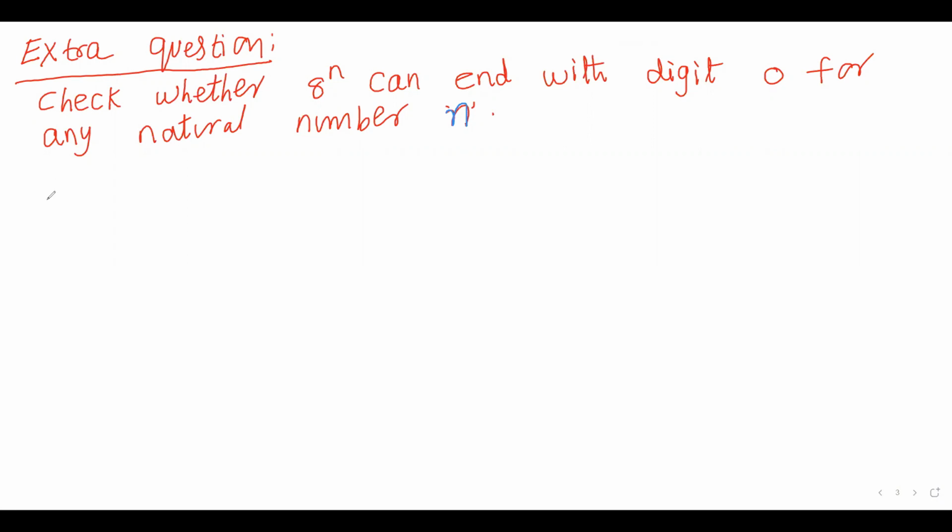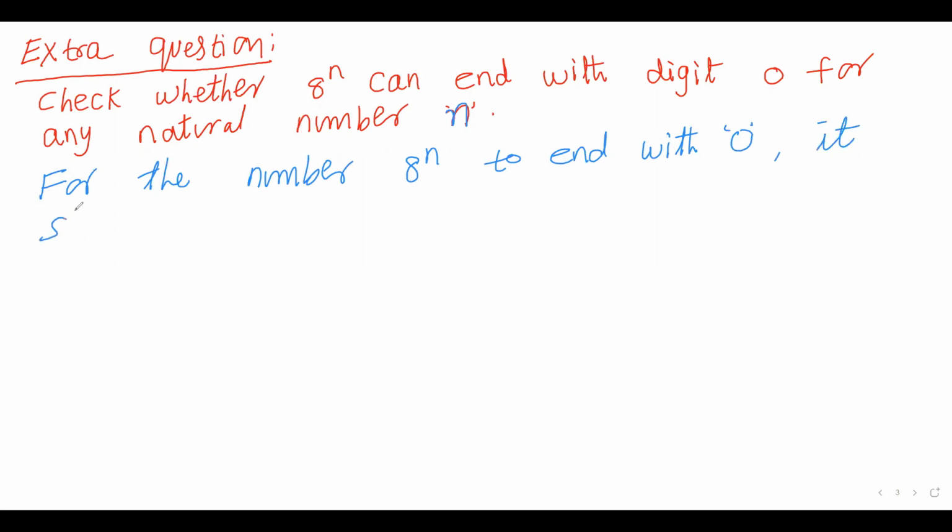First step: for the number 8 power n to end with 0, it should be divisible by both 2 and 5.